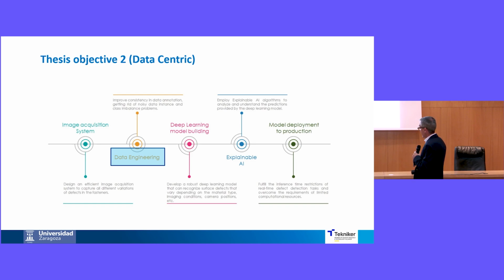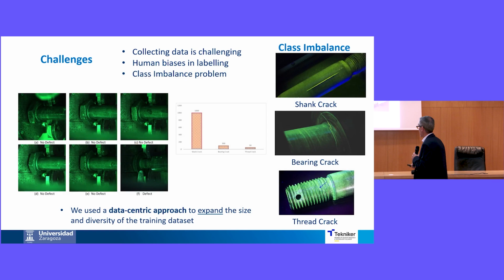Normally fasteners have no defects. Only some of them have defects, and the defects are of different kinds. Some we have a lot of, but some are very rare, so we have only some images of them. Then we need to use some techniques to expand the size and diversity of this training dataset.